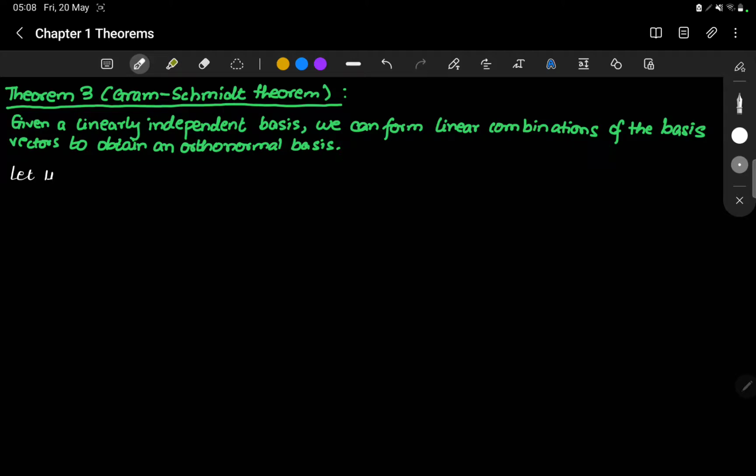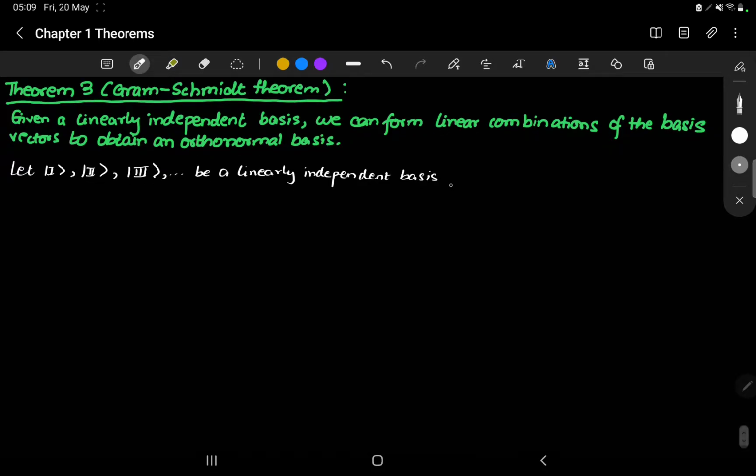Let us denote our basis vectors in the Dirac notation as follows. So let us say we have a set of linearly independent bases given by 1, 2, 3 and so forth, written in Roman numerals.